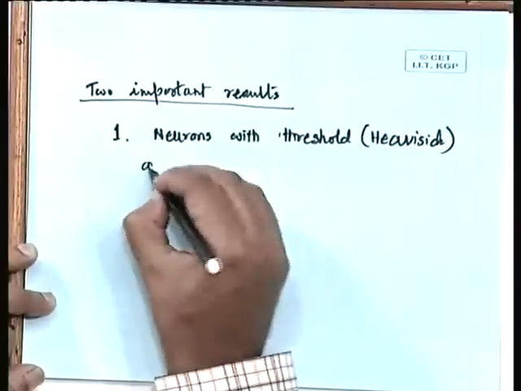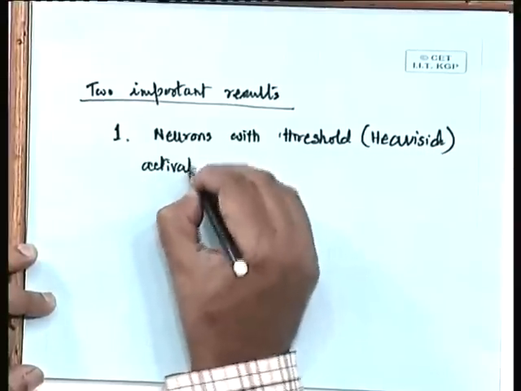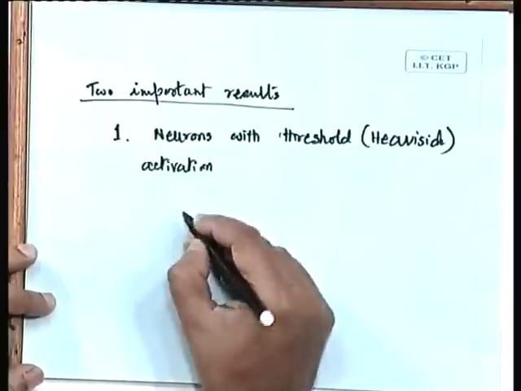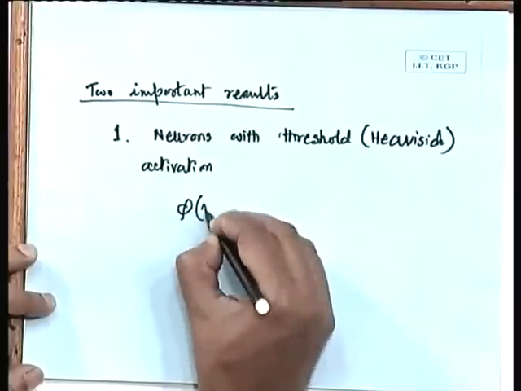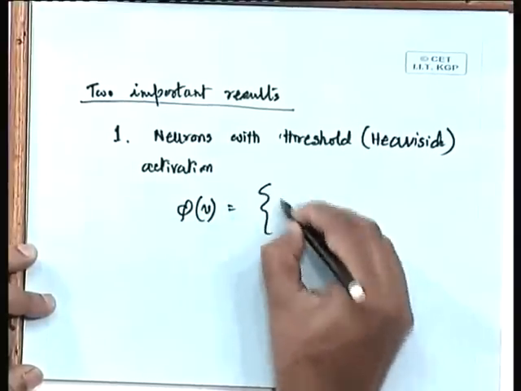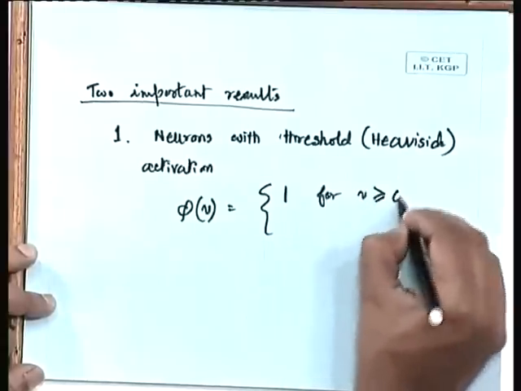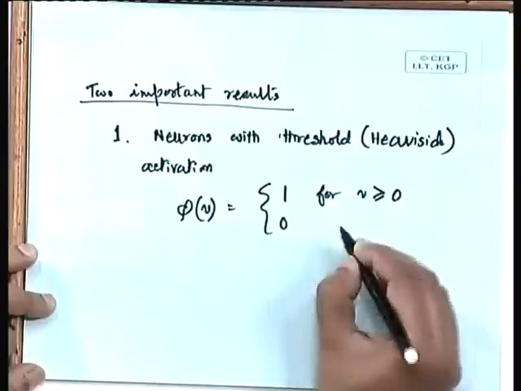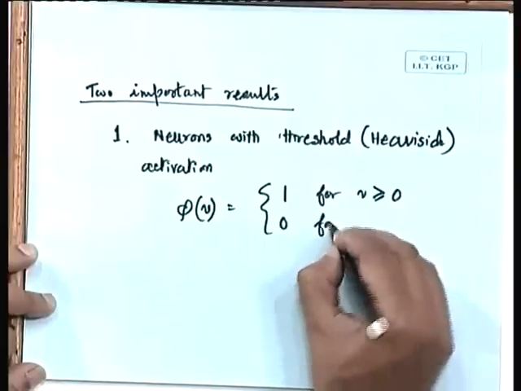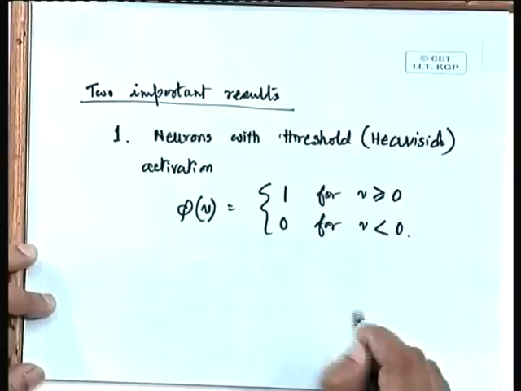As the Heaviside activation, which is of the form phi(v) equal to 1 when v is greater than or equal to 0, and equal to 0 otherwise, that means for v less than 0.